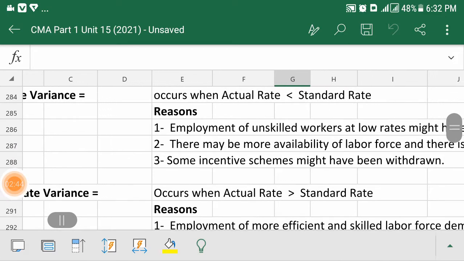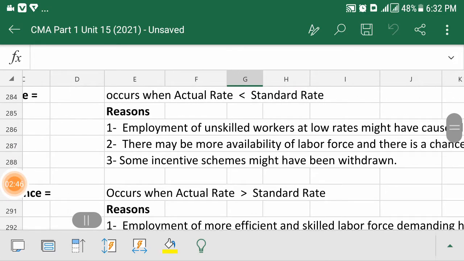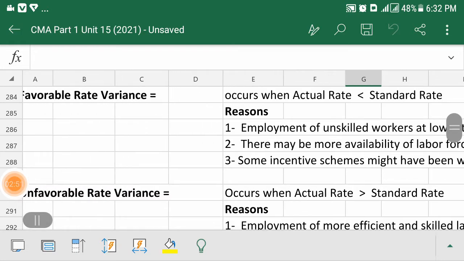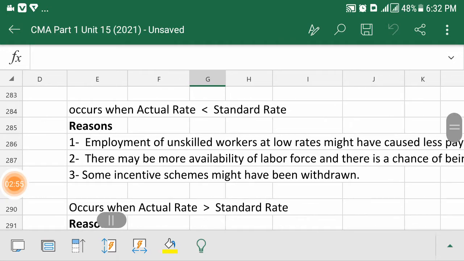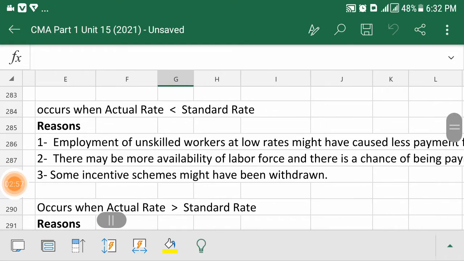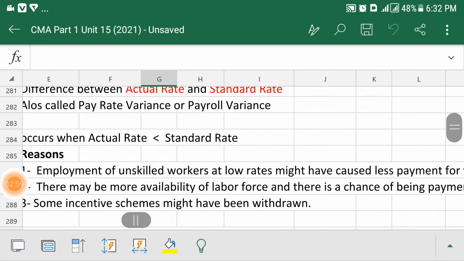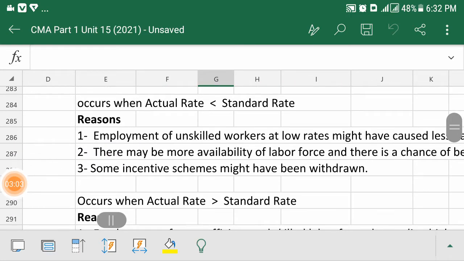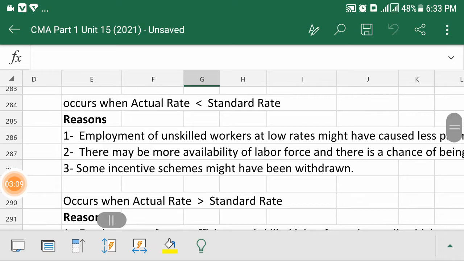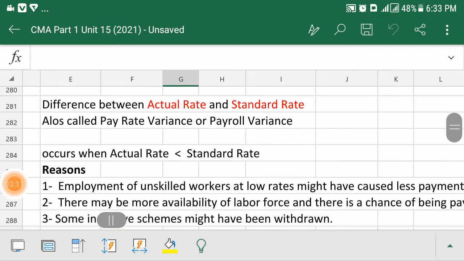One could be the employment of unskilled workers at a low rate, which might have caused less payment for wages. If you have unskilled employees working for your organization, you pay them a low rate, and low rate payments always show a favorable variance.